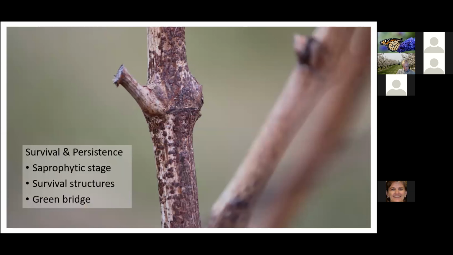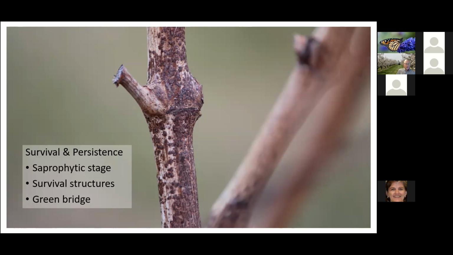So how do pathogens survive in the orchard? How do they persist? What's going on? There are a lot of mechanisms at work here as well. Just think of this, that there can be one of these or multiple approaches. Some pathogens will survive in a saprophytic stage. So they can survive by consuming and getting their nutrition from already dead or already broken down matter.